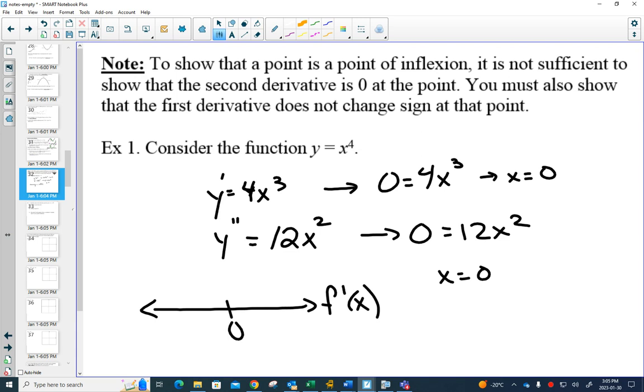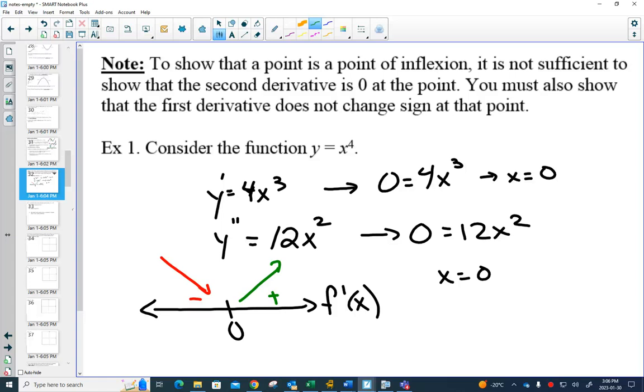And when you plug something into your first derivative before 0, like a negative number, you will get a negative, telling us that our function is decreasing. And then after 0, I plug something into my derivative, I will get a positive value. So I could use my first derivative test and look at this and say, I have a minimum at 0.